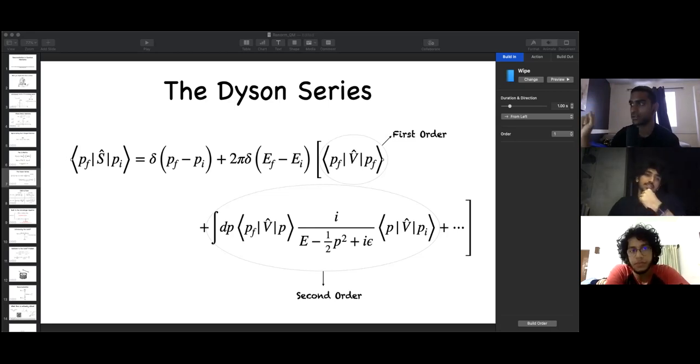This is all you're doing. All you're trying to do is compute these matrix elements of V, the interacting part of the Hamiltonian, whatever that might look like. And then in field theory you have a number of different dimensions. You don't just have one momentum, you have a few different momenta, like 4D spaces worth.